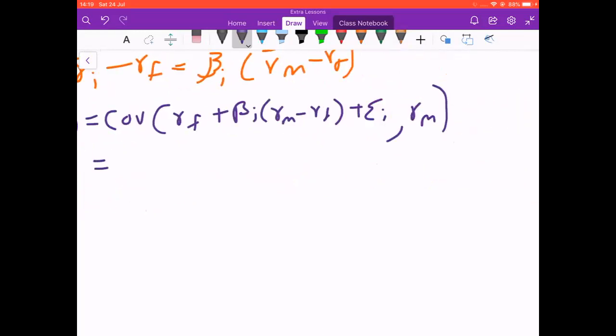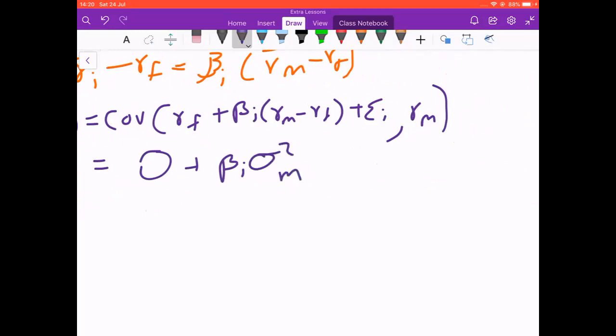I'm going to simplify this. The risk-free rate is deterministic, so it is not probabilistic, so there is no relationship. You're just going to have 0. For beta, you only have one beta, so the beta will come out, and then you will have the covariance of the market and the market, which I can just write as the market variance.